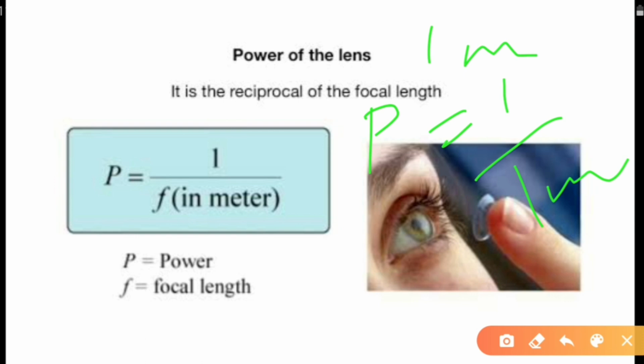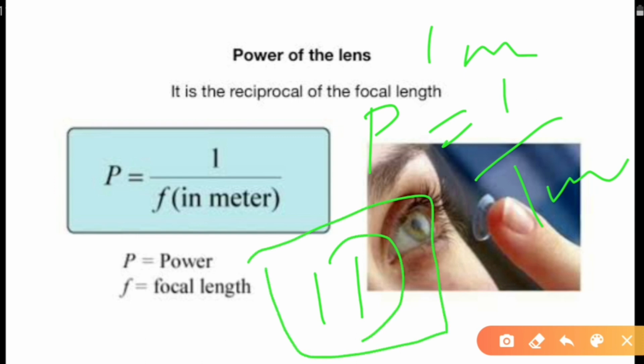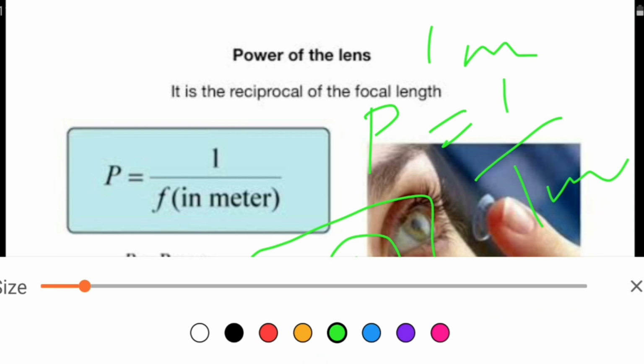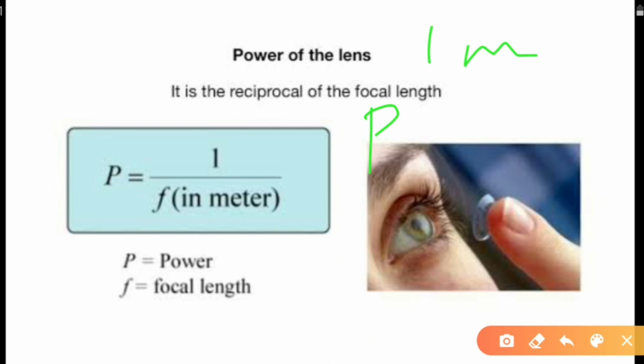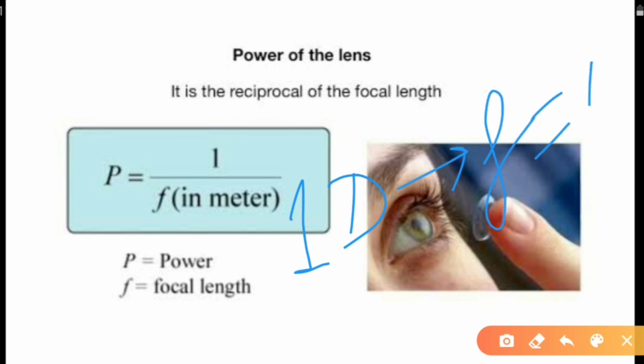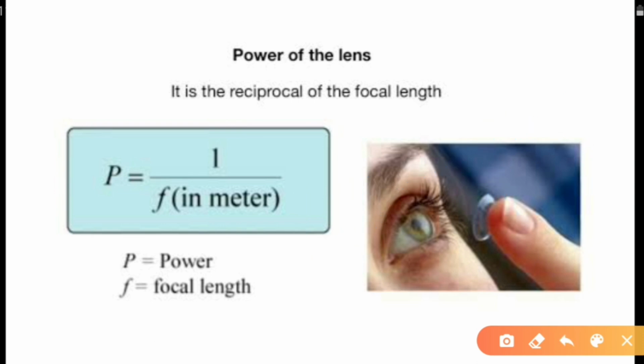In other words, we can say 1 diopter. Diopter is the unit used to measure the power of a lens. In this way, we can define 1 diopter is the power of a lens whose focal length is 1 meter. Many times in examinations, you may have to write the definition of 1 diopter.